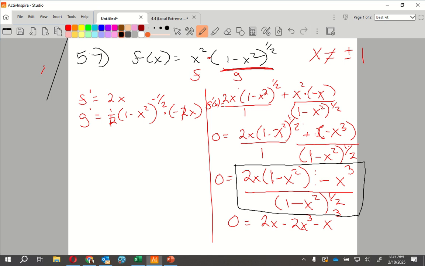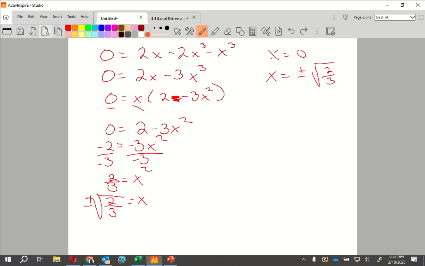I just took this one right here and I cleaned it up so we could start doing the factoring. But I'm going to use that as the first derivative. So I get 0.